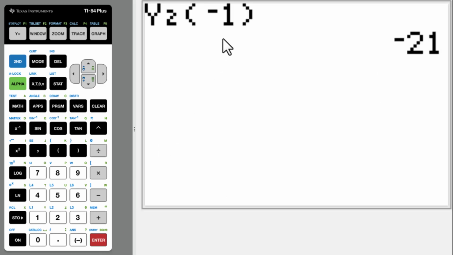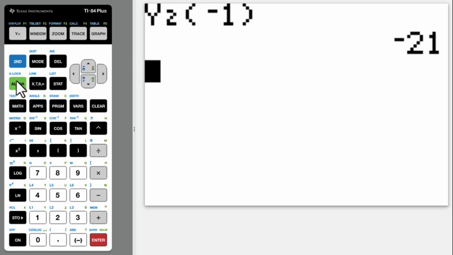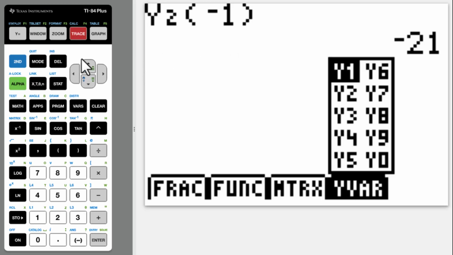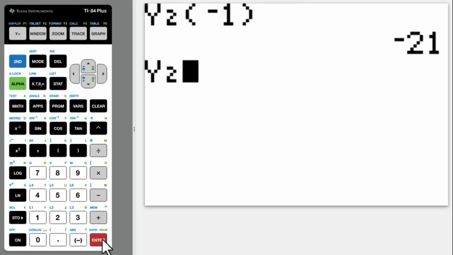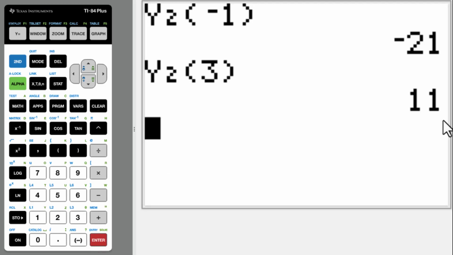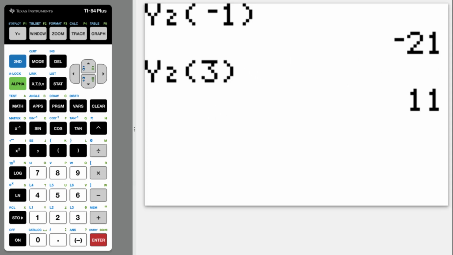Substitute -1 into the original function, we get -21. Alpha trace y2, parentheses 3. Enter. 11. So we get boundary points -1, -21 and 3, 11.